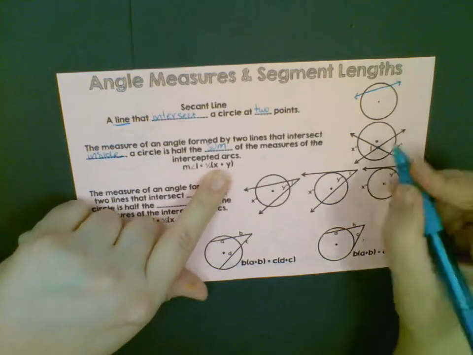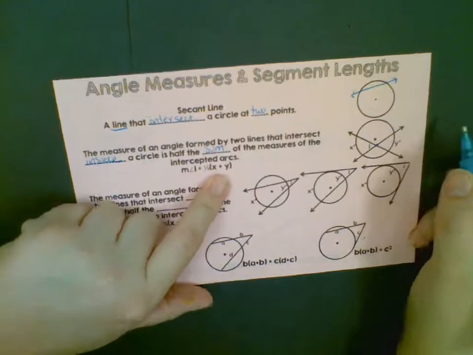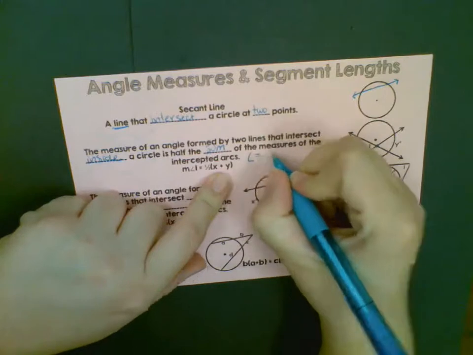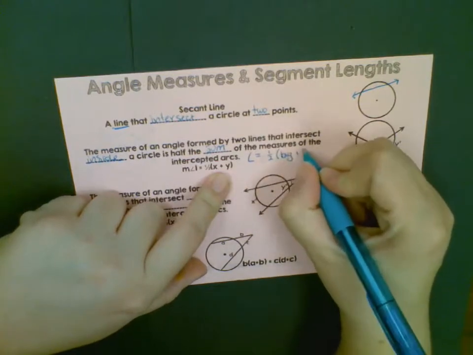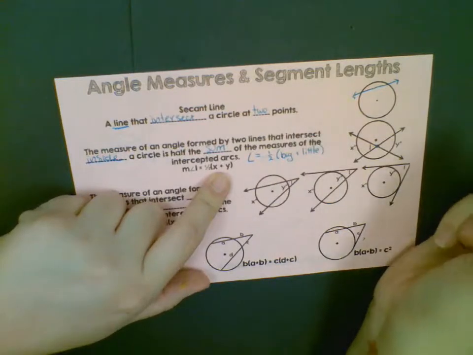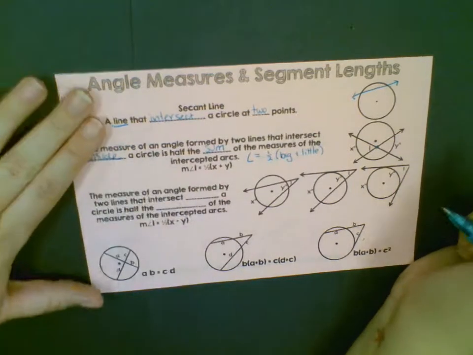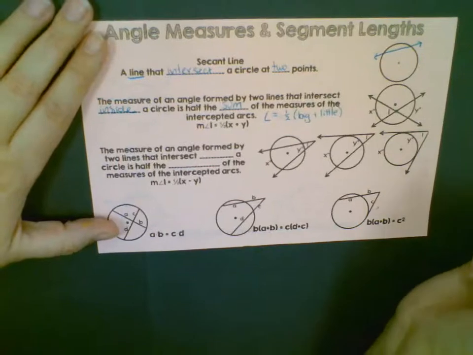I know it's hard to remember where the x's and y's go, so I usually teach it another way. The angle is half of the big arc plus the little arc. And since we're adding them, it doesn't really matter which one you say is big or little. For the next one, it matters, but you'll see that the big one is always on the outside.